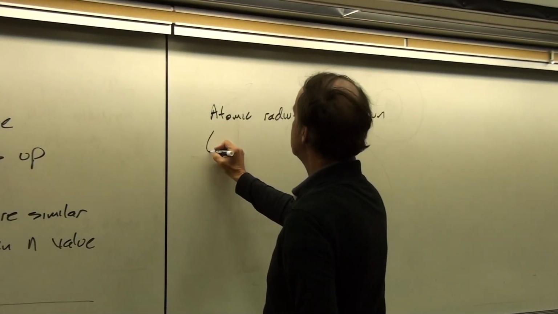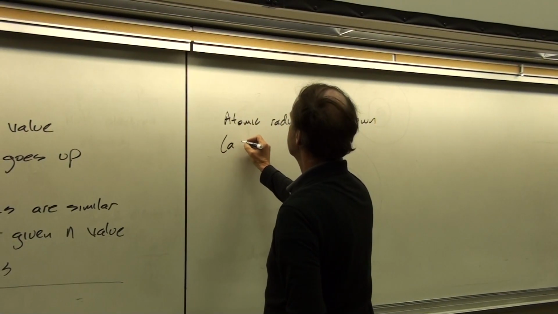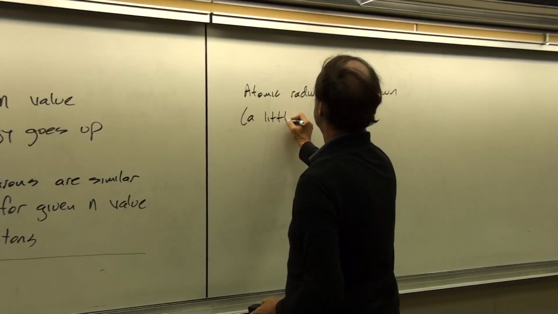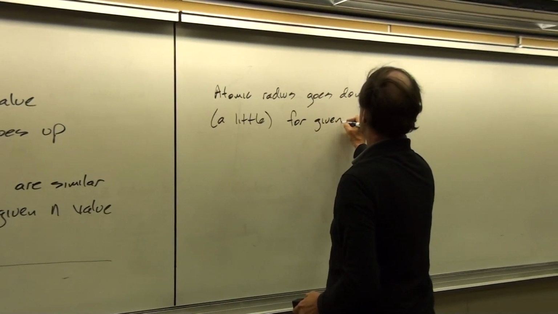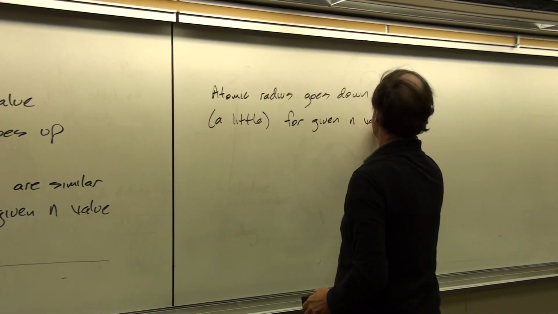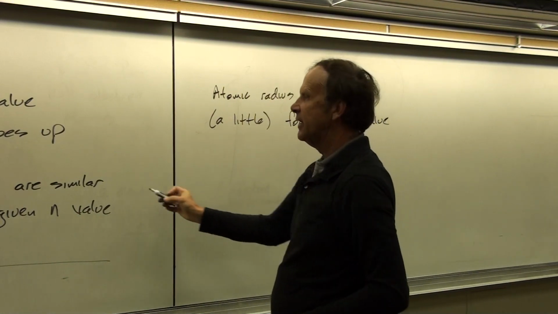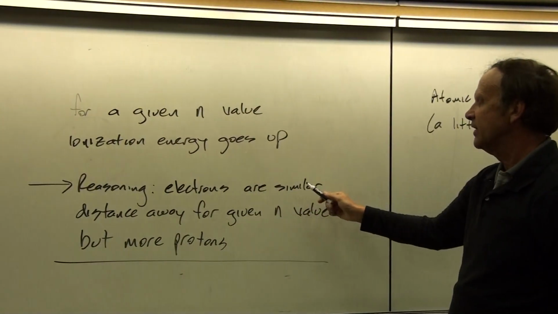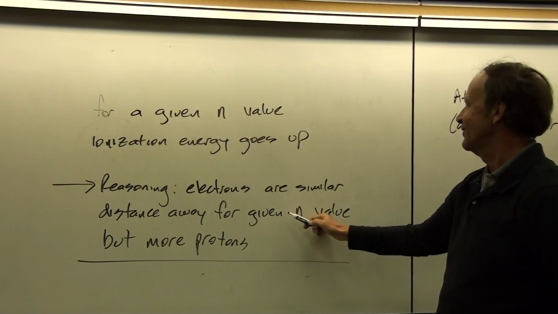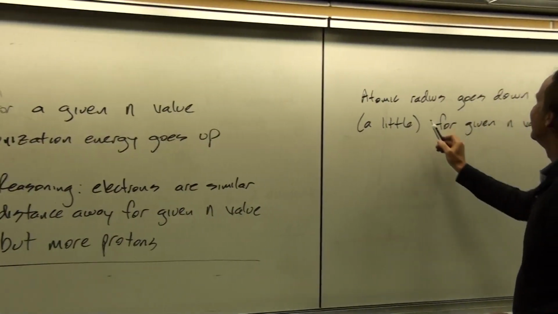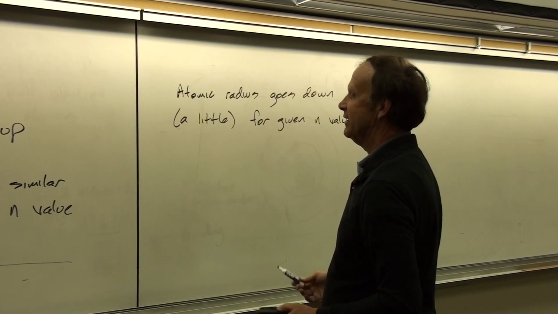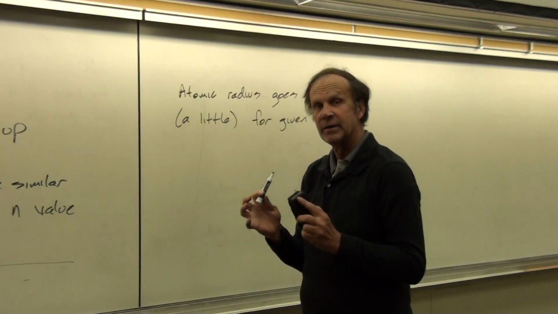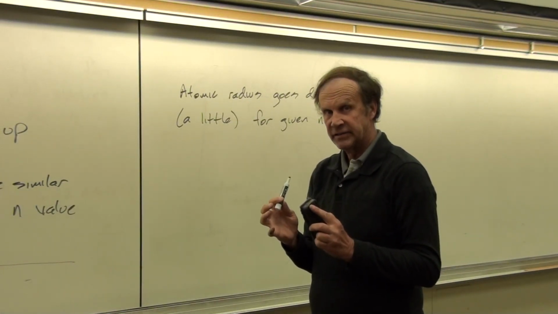Now this isn't a big change, but it's noticeable. So notice here, previously I said that electrons are a similar distance away, but not quite the same. The atomic radius goes down, so actually as you add more and more protons, the size of the atom for a given n value gets less.